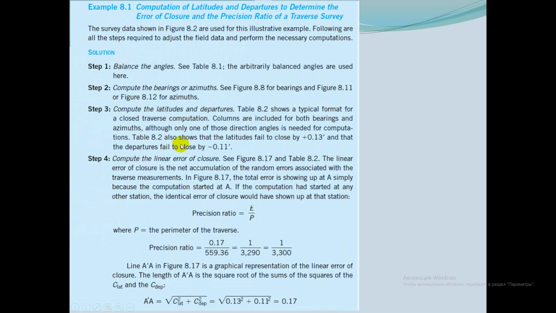Example: computation of latitude and departure to determine the error of closure and the precision ratio of the traverse survey.